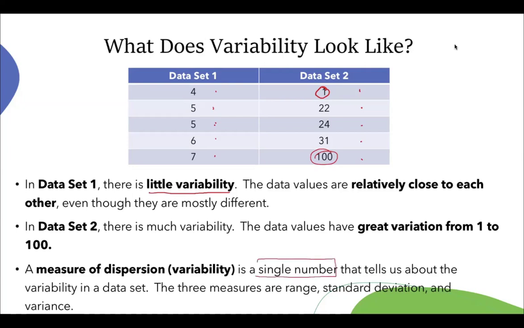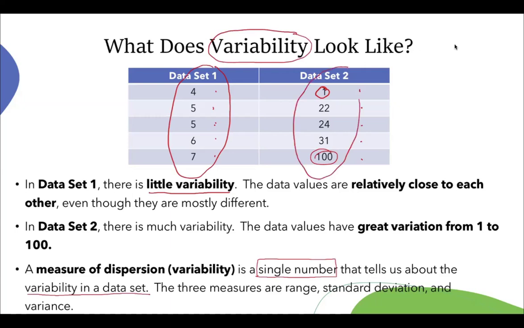When we calculate a measure of variability on data set 1, the number will be low in value, meaning a low measure of variability. When we calculate measures of variability on data set 2, the numbers will be higher in value, indicating higher variability.